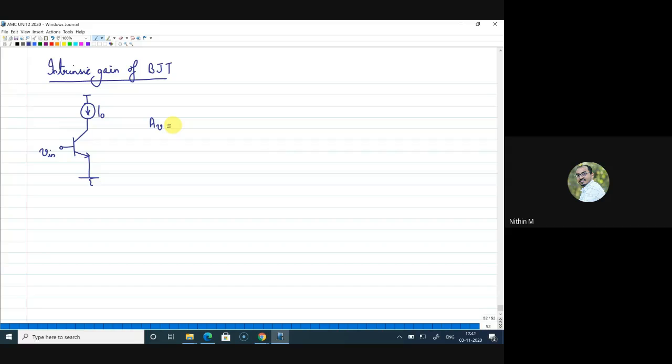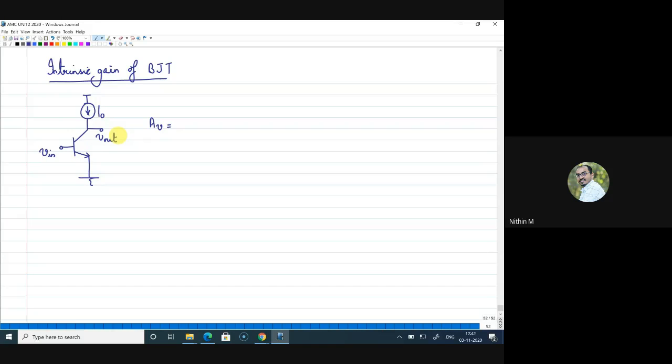Can one of you tell me what the intrinsic gain will be for the BJT in this case? Can I get an answer from Kaushik? Kaushik, are you there? Yes, sir, I'm here. So what will be AV, or intrinsic gain? Intrinsic gain is also denoted by AV, which is V out by V in.